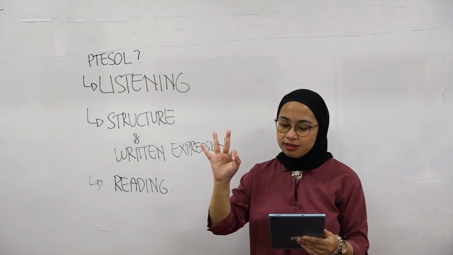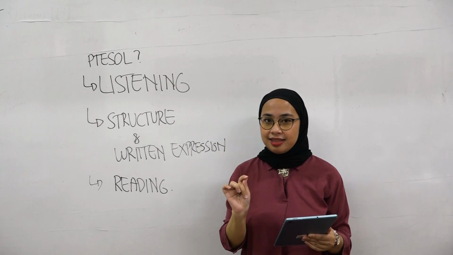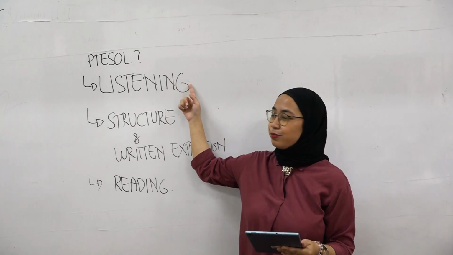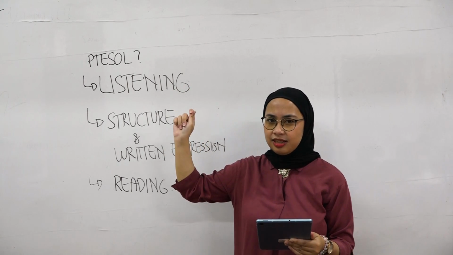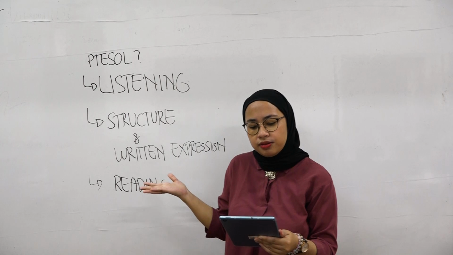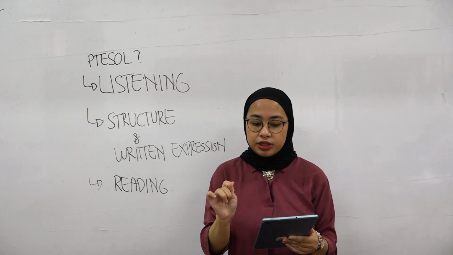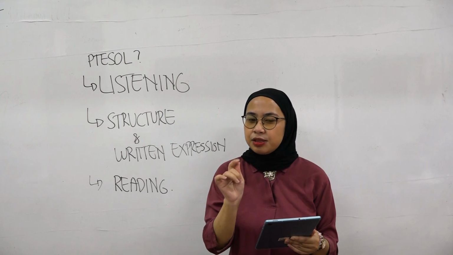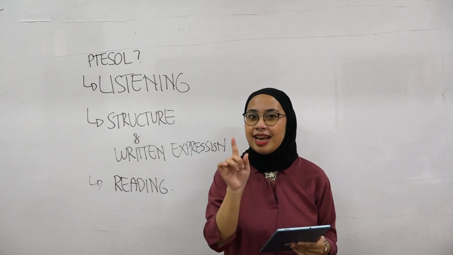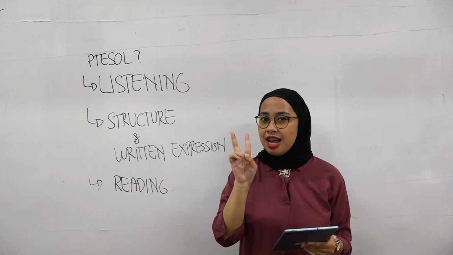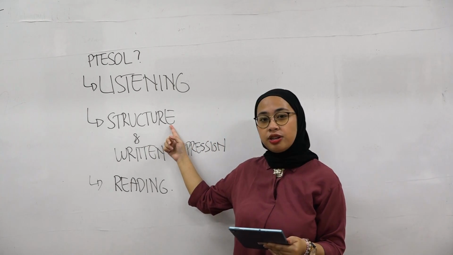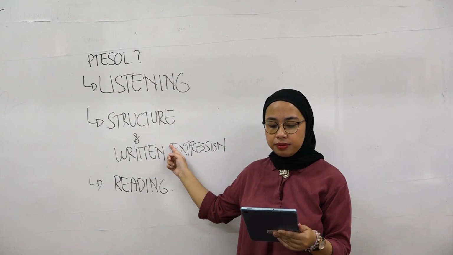Three language skills and knowledge areas are tested in this test. Firstly, listening skills. This part measures the test taker's ability to understand English speech used in academic setting. Number 2, structure and written expression.